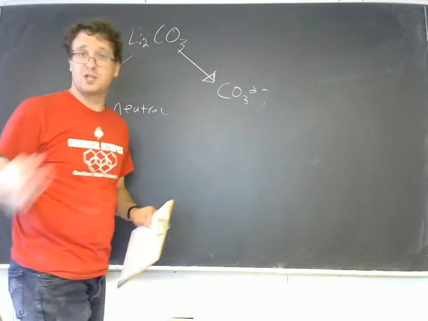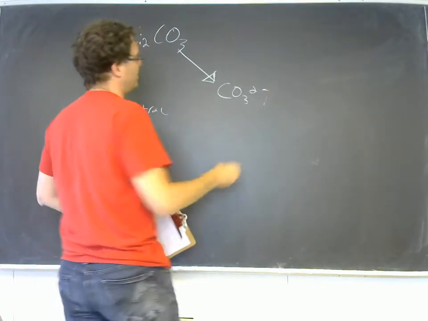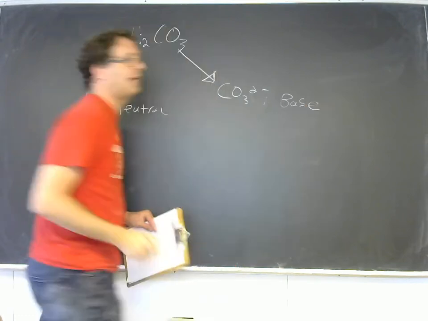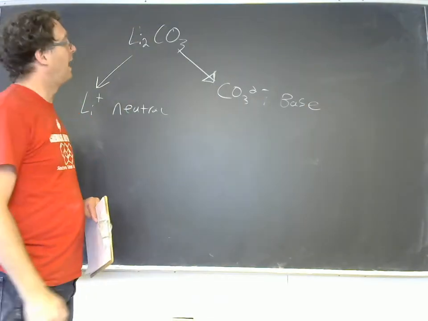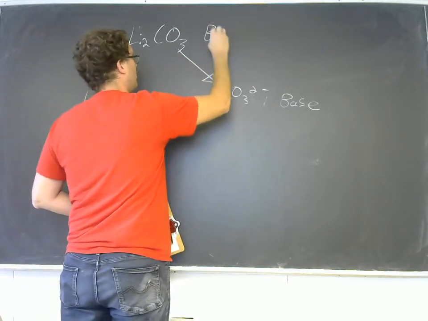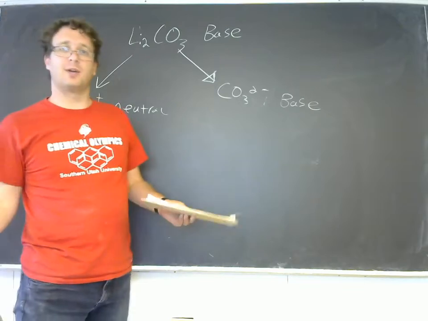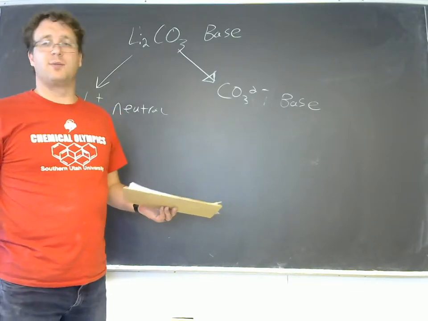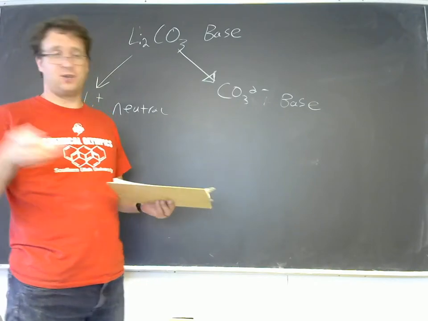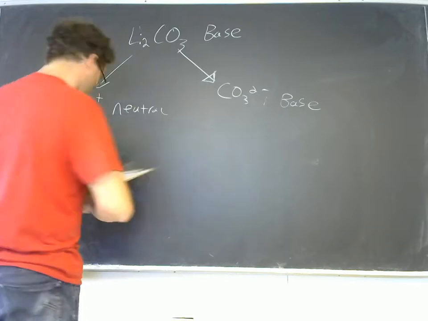It's the conjugate base to bicarbonate, which is a weak acid. And so this is going to accept a proton and act as a base, which means lithium carbonate overall is going to act as a base. If I dissolve some lithium carbonate into pure water, I'll observe the pH going up. The OH- concentration goes up and the H3O+ concentration goes down.